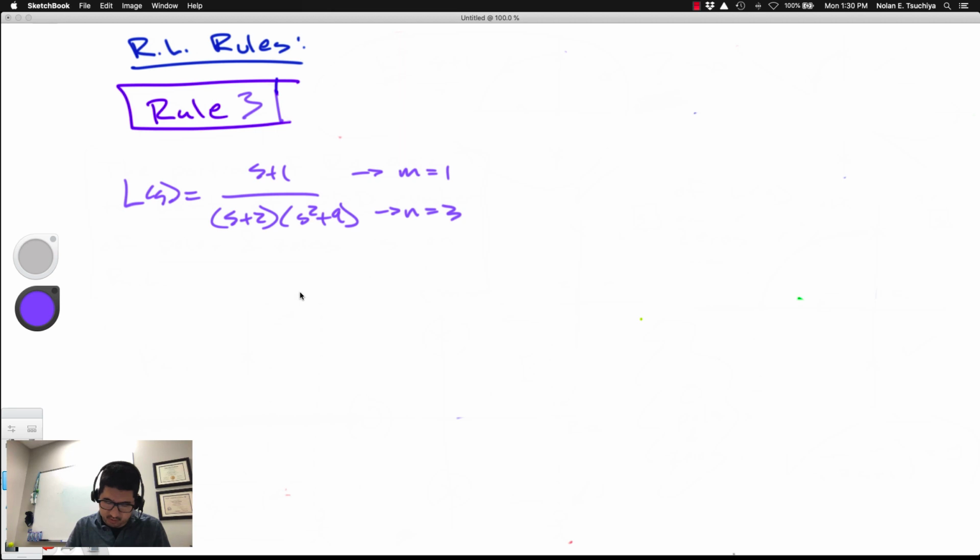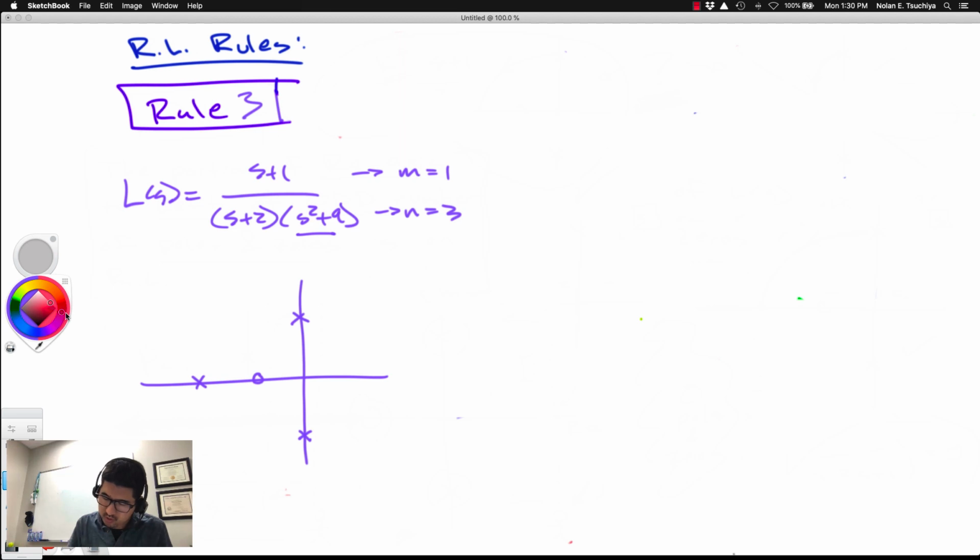So very quickly, just to illustrate the idea here, we've got two imaginary poles at plus or minus 3j. There's one real pole at -2 and 1 zero at -1. Okay, so according to our rules 0, 1, and 2, the root locus plot may look something like this.